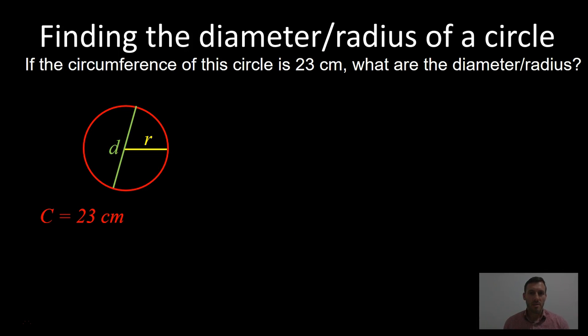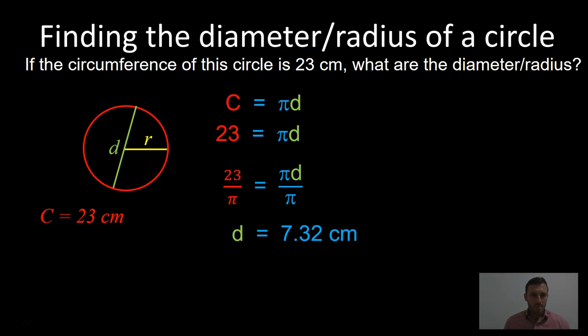If we're given the circumference of a circle, we're able to use the formula to find the diameter and the radius. In this case, we're given the circumference equals 23 centimeters, and we know the circumference equals pi times the diameter. So we can substitute in our known circumference and divide both sides by pi, and we get the diameter is equal to 7.32 centimeters.